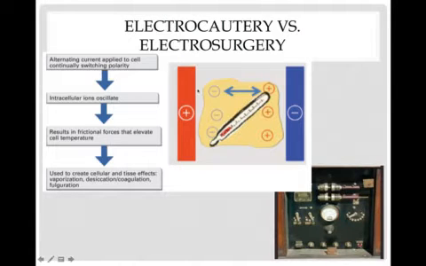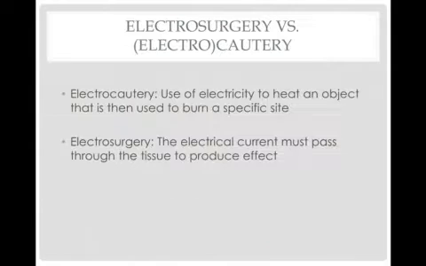So what happens within the tissue when you apply diathermy is that the polarity of the cells within the tissue changes rapidly due to the alternative current, which makes the ions within the cells oscillate, creating friction and therefore thermal energy, and this is what causes the actual tissue effect that we see when we operate.